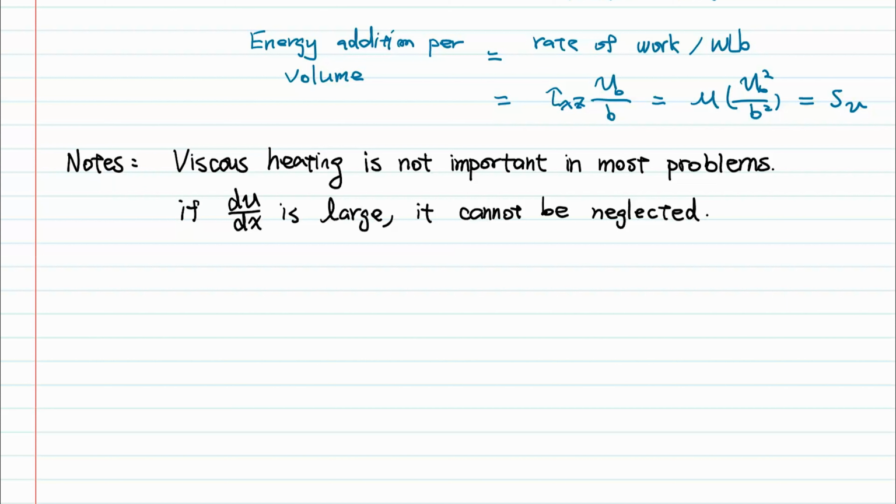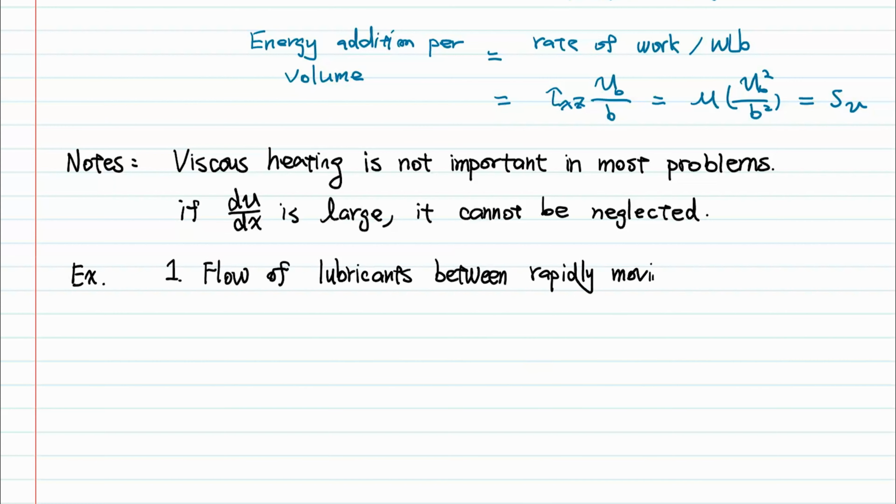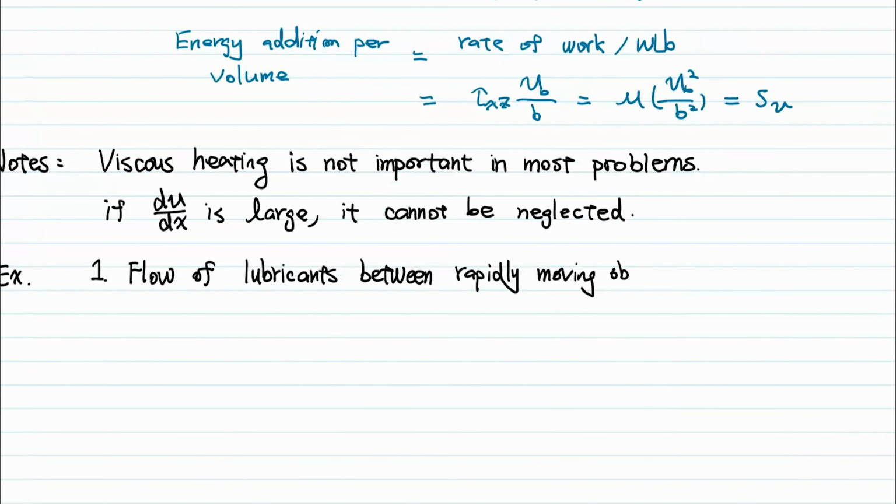So some examples: one would be flow of lubricant between rapidly moving objects, or parts, whatever you call that.